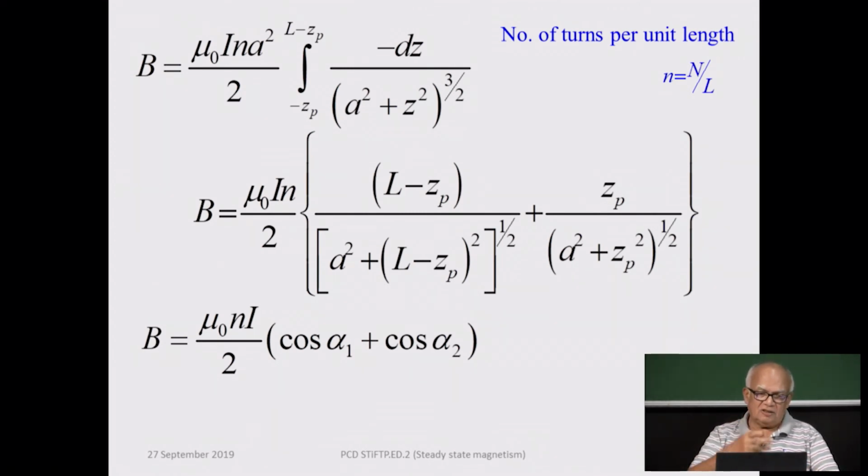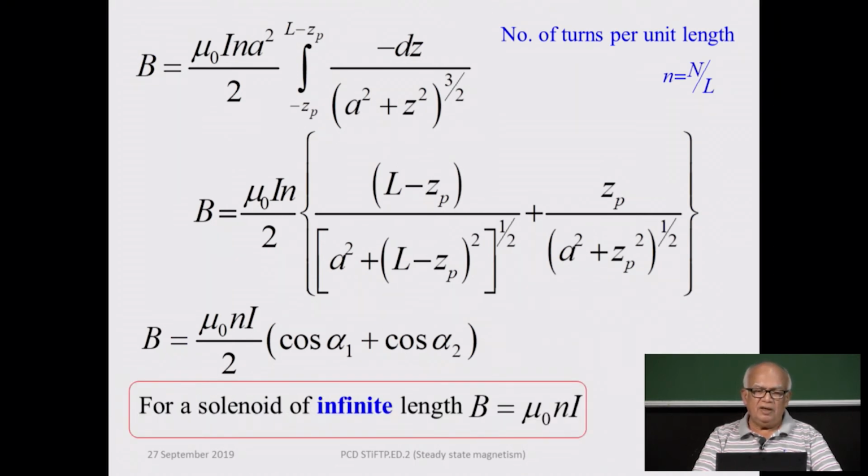That cancels the 1 over 2 in this expression, and you get the magnetic field of an infinite length solenoid, which is B equal to mu 0 n I.